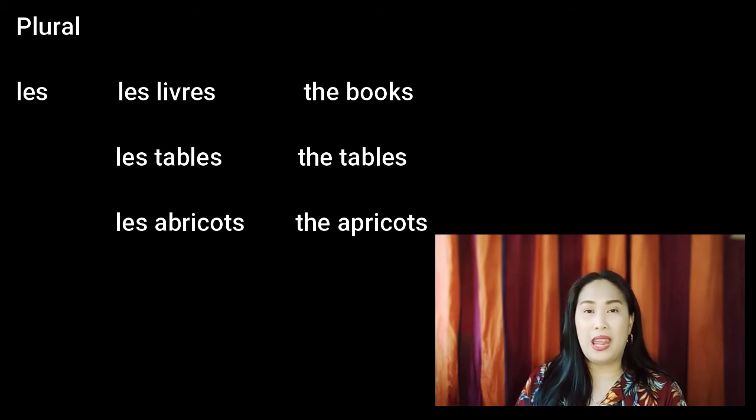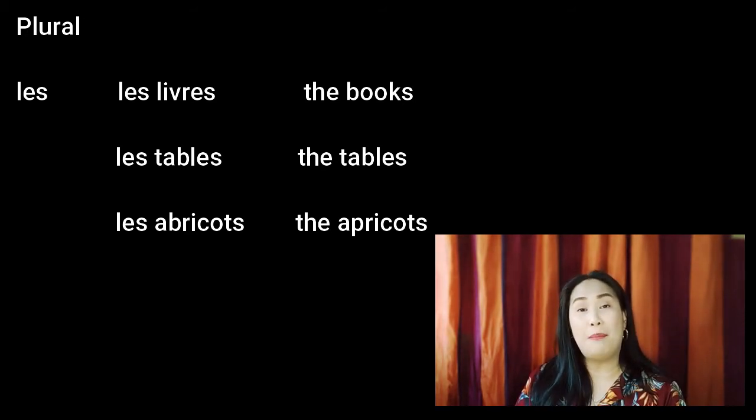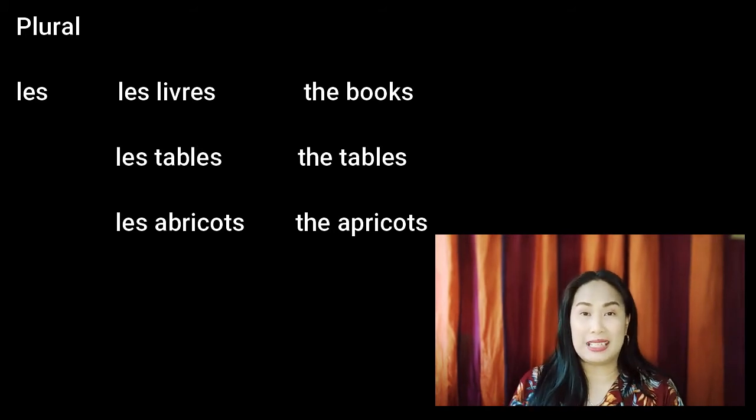That's why we read it as one. Instead of les abricots, which is wrong, the right way of reading this is les-z-abricots. So we have to connect the consonant and the vowel.